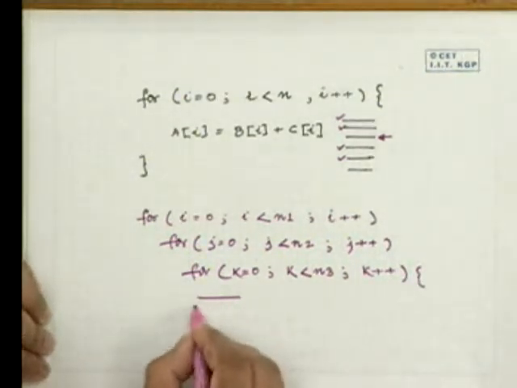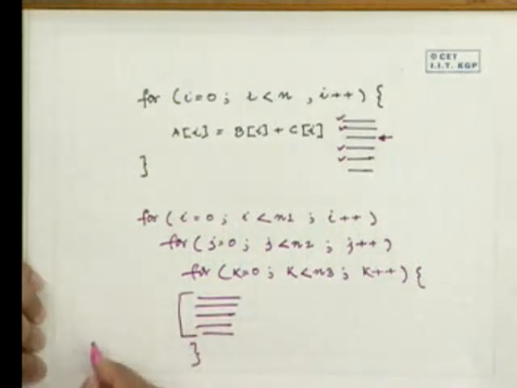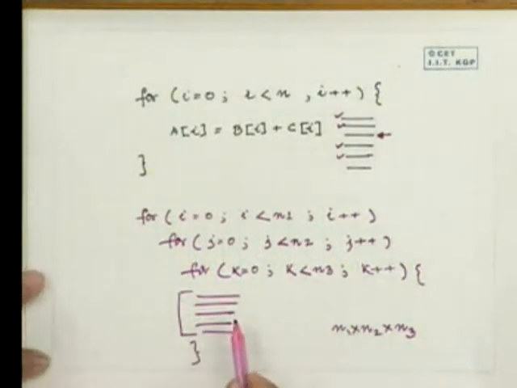Whatever the instructions here are, this innermost loop will be executed n1 into n2 into n3 times, and you see immediately that the locality concept turns out to be applicable very strongly, right?